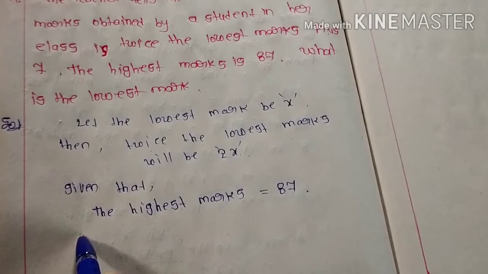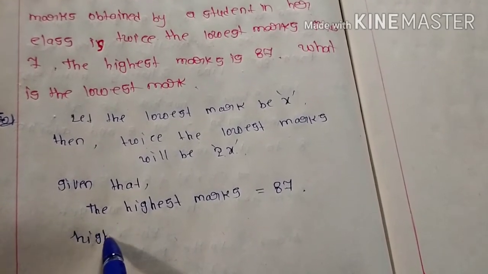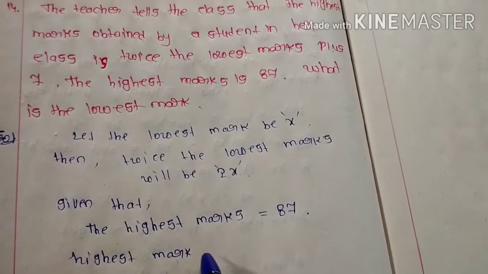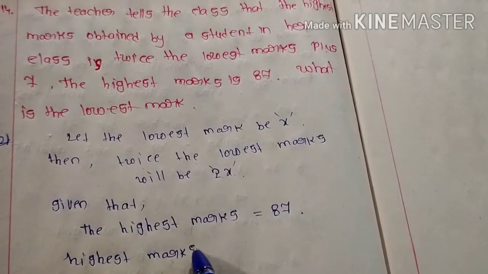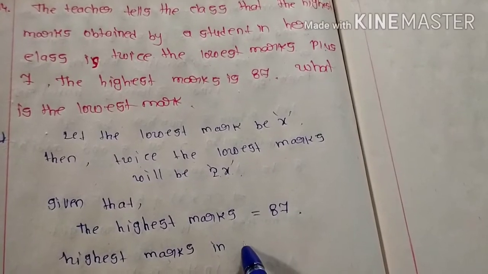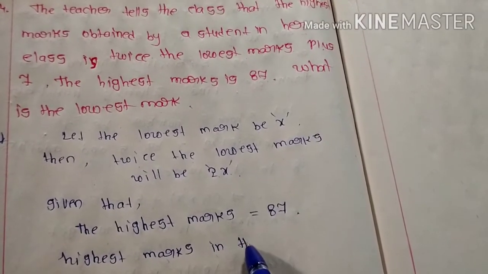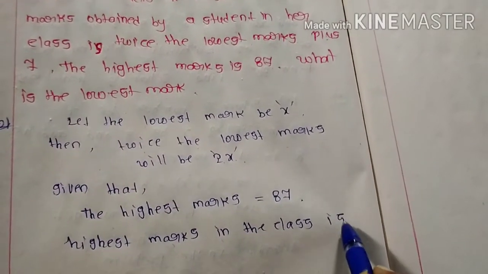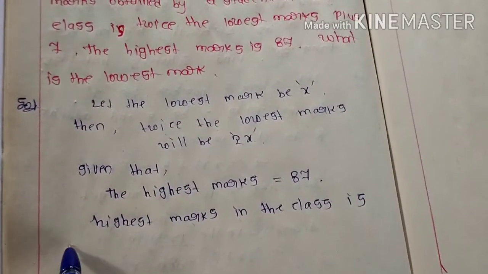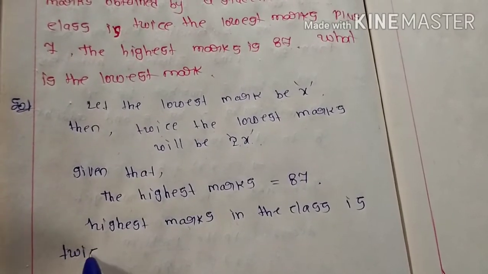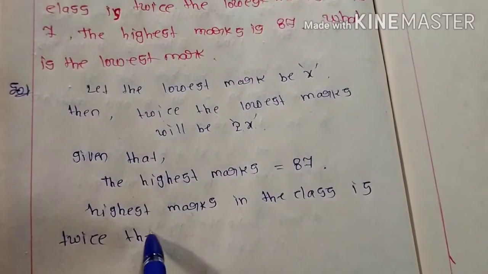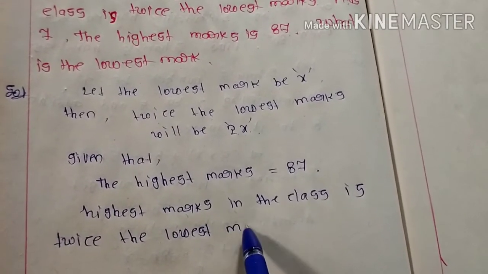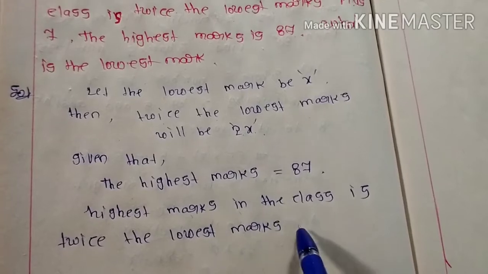You can write here, highest marks in the class is twice the lowest marks plus 7.